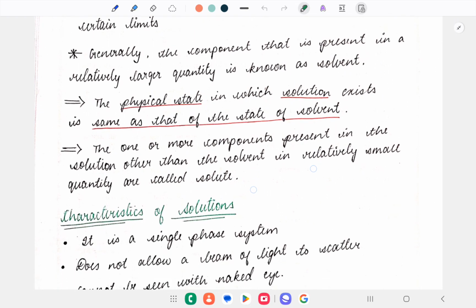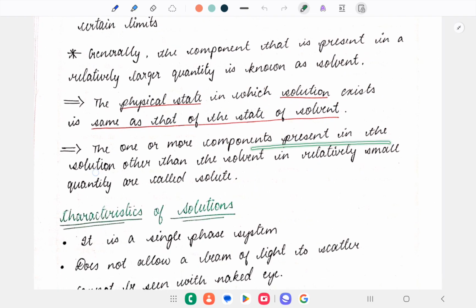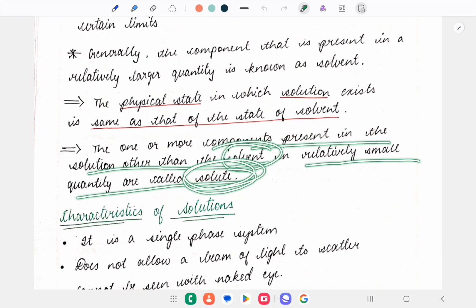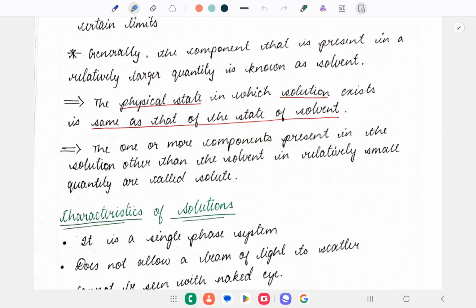And the one or more components present in the solution other than the solvent, which are in relatively smaller quantity, are called solute. We have to remember what a solvent and a solute are, and these together make up a solution. Solute plus solvent makes solution.